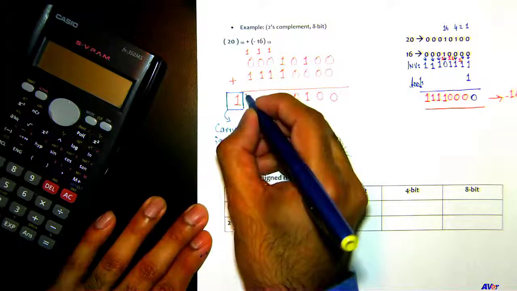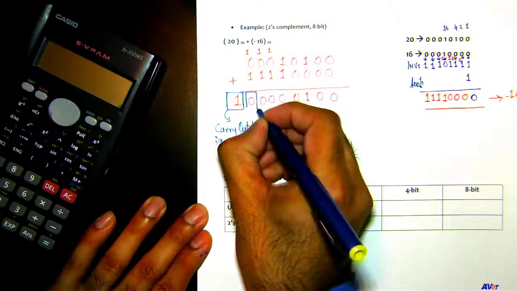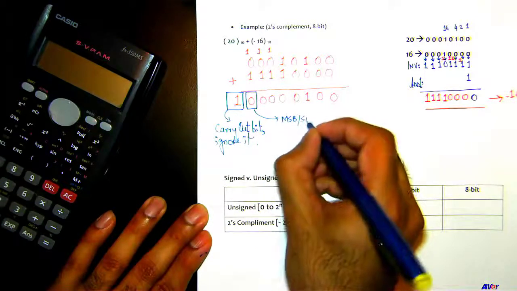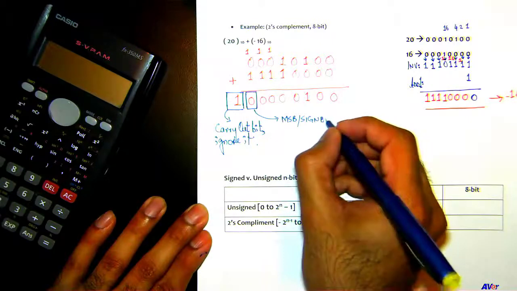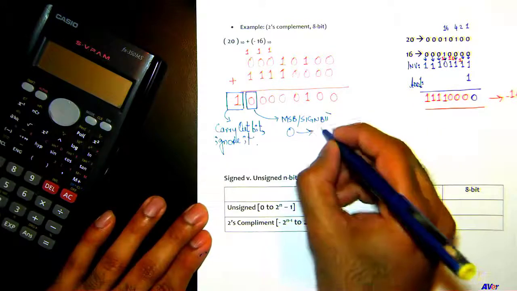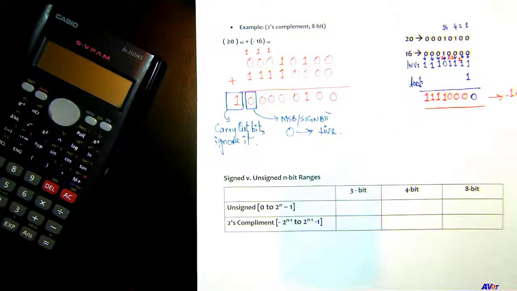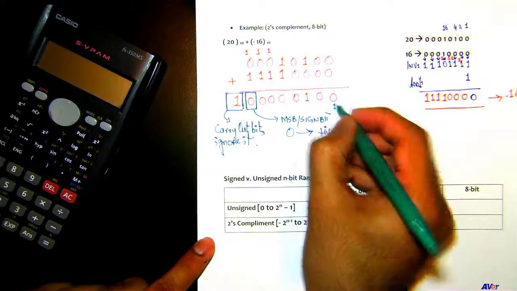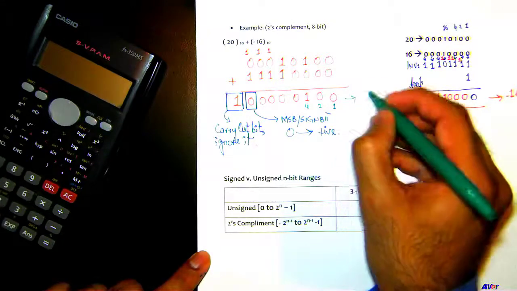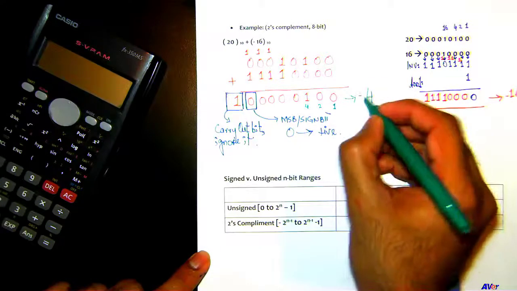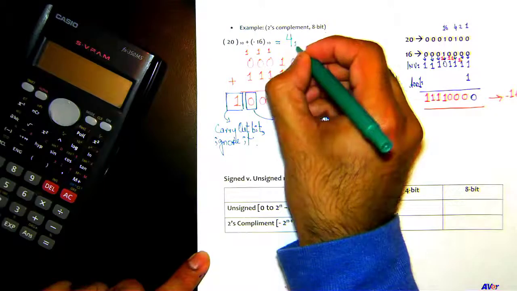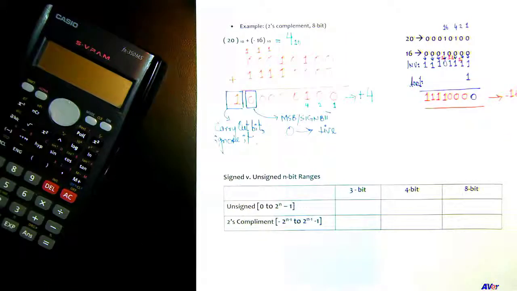This right here is your most significant bit, which is also your sign bit, and because it's 0, this is a positive number. Now if we look at the magnitude or weight of individual bits, 1 2 4, this actually makes what number? 4, right? And because this was 0, this is a positive number. And if we do the math here, 20 minus 16 gives you 4. So we just proved that, right?